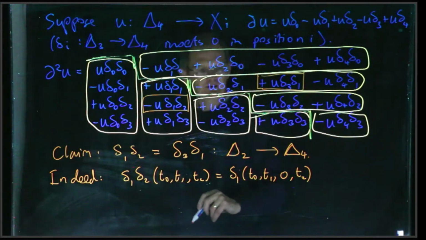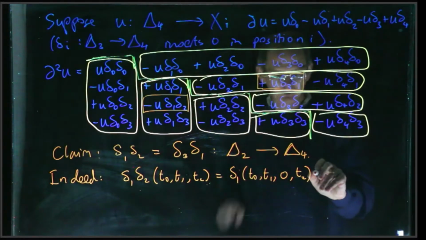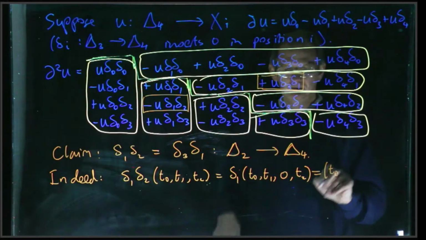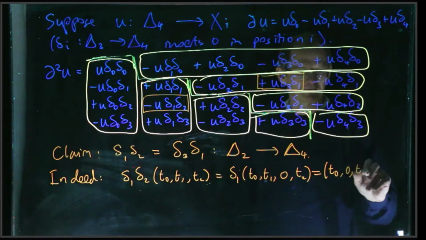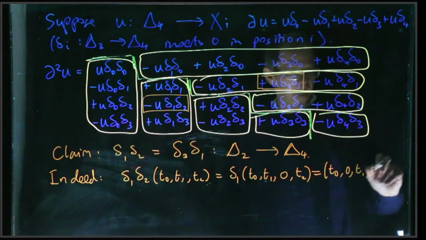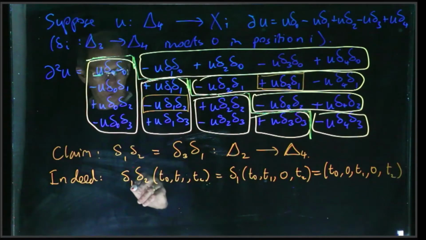And then we do delta_1. So here this is position 1. We put in the 0 there. Then we get the 0, and then you get the t_2.